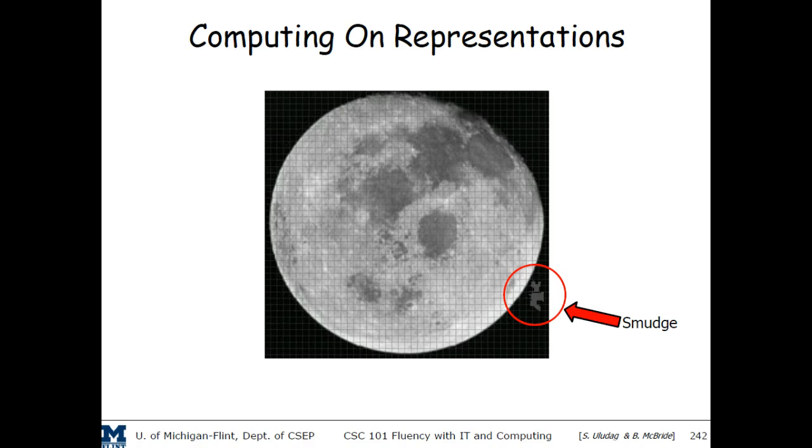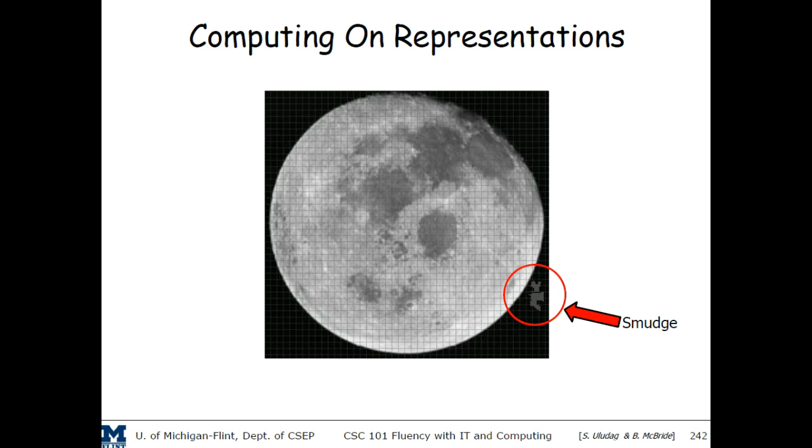So remember that if this is a black and white photo, all of the pixels to display the image on the computer screen are either black, white, or a shade of gray, which also means that the amount of red, green, and blue intensity in each pixel is equal to one another. So let's say that we want to correct a smudge on the picture of the moon that was created by scanning a black and white photo.